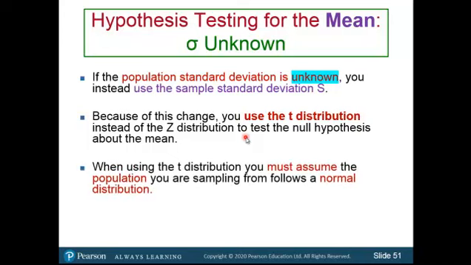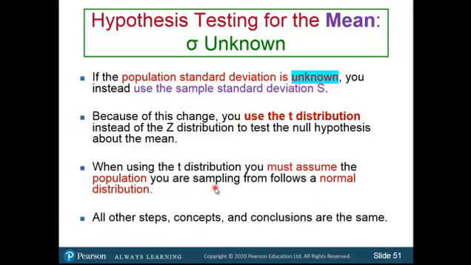When using the t distribution, you must assume the population you are sampling from follows a normal distribution. All other steps, concept and conclusion are the same as z distribution.